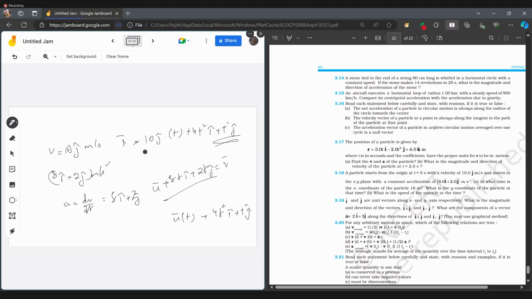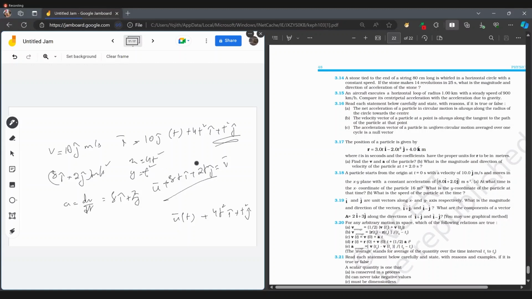Now, since the particle is in the xy plane, x is equal to 4t square and y is equal to t square plus 10t.